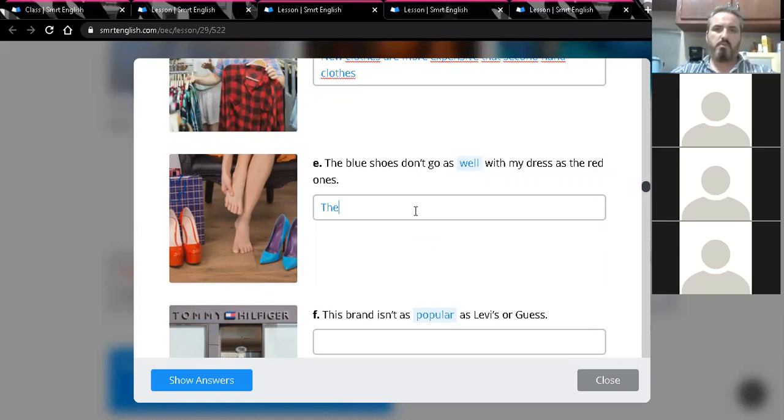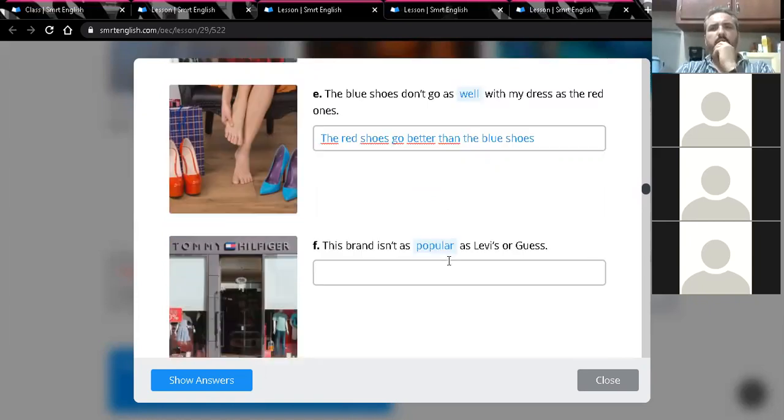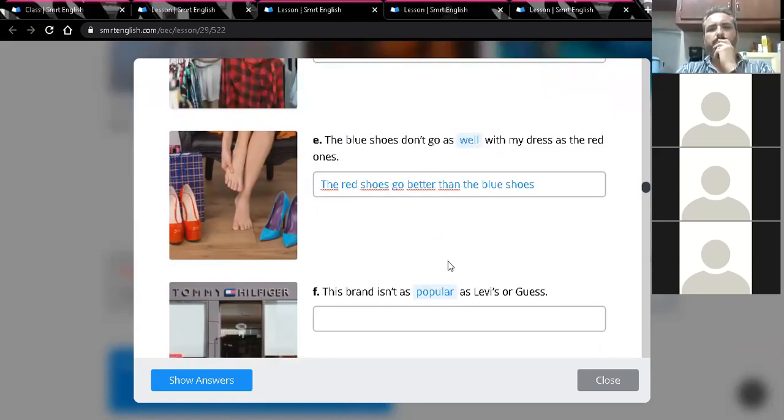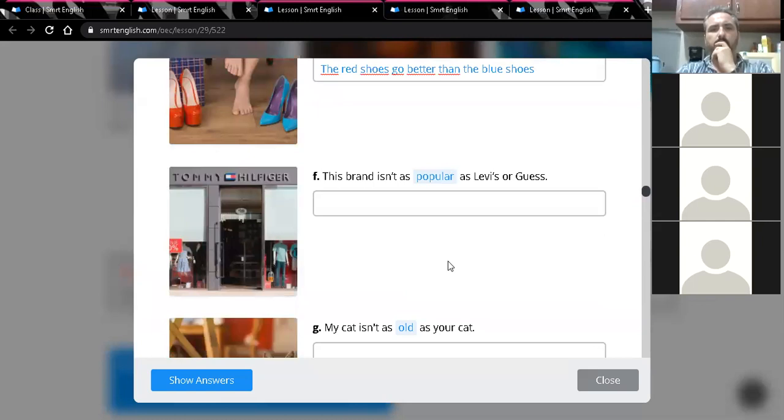The red shoes go better than the blue shoes, right? Very good. It can be the red ones are better. Yeah, but since you have the two of them there, and it is asking us to make the complete sentence, that's why we are making it complete. Okay, F. This brand isn't as popular as Levi's or Guess. So Levi's or Guess is more popular than this one.